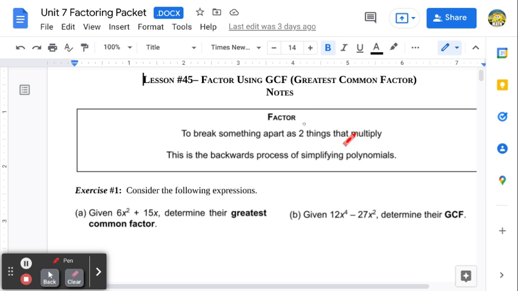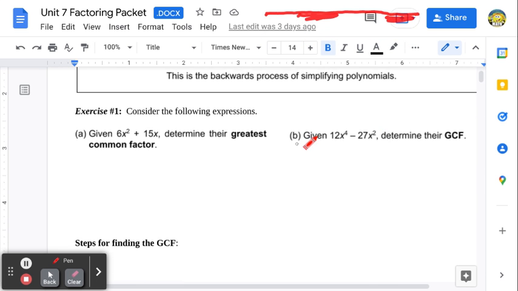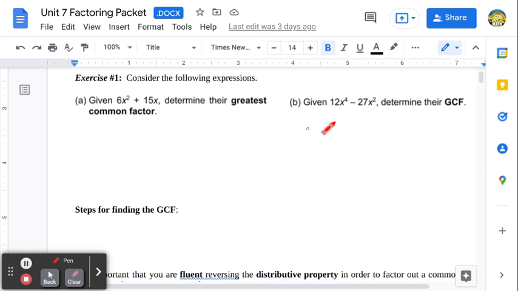So today we're going to be working with a type of factoring called finding the greatest common factor. That means the biggest number, the greatest number that multiplies. And common means it has to be matching in everything. There's two different ways that I'm going to show you, and your job is to find the way that works the best for you.